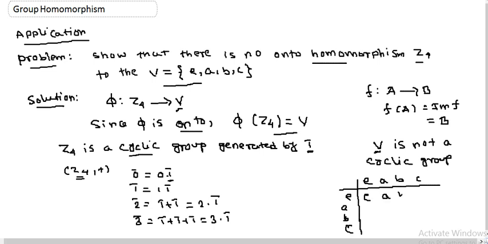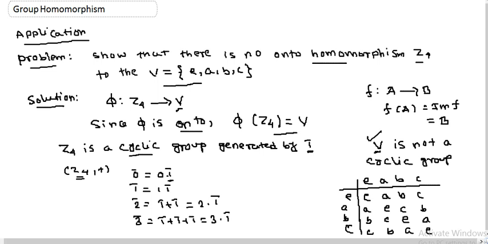So it's E, A, B, C. A A is E, A B is C, C A is B, B A is C, B B is E, B C is A, C A is B, C B is A, and C C is E. So in this way, this is a group, and V is a commutative group but not a cyclic group.